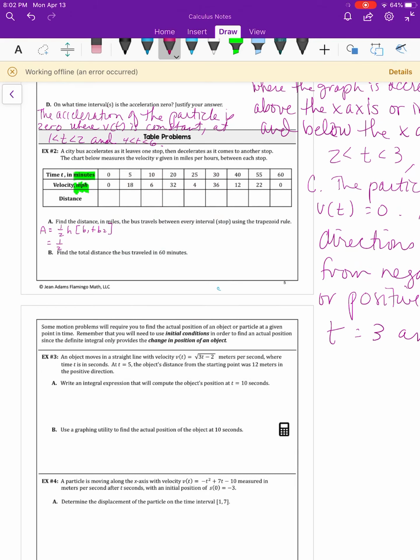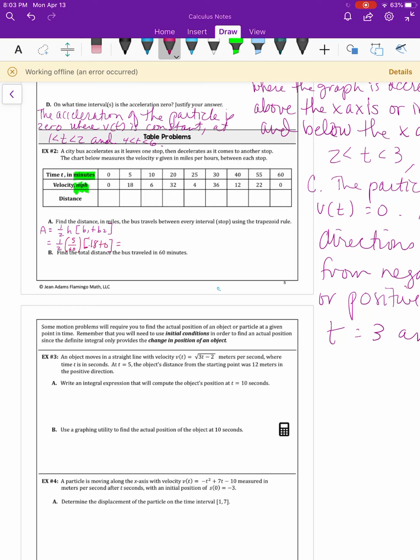And so when we do that, our height is going to be, for this one, 5 minus 0. We need to change it into hours. So to change our 5 minus 0 minutes into hours, we're going to divide by 60. And that puts it in hours for us.